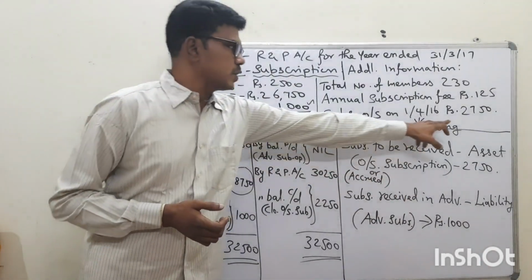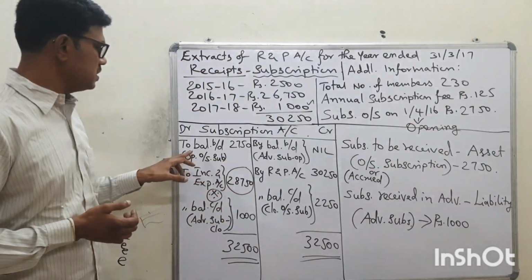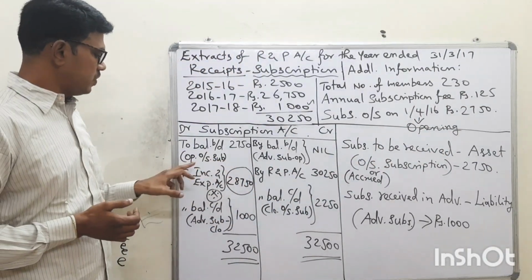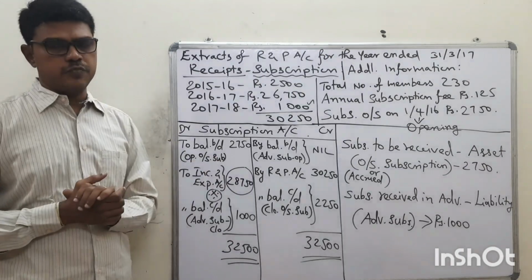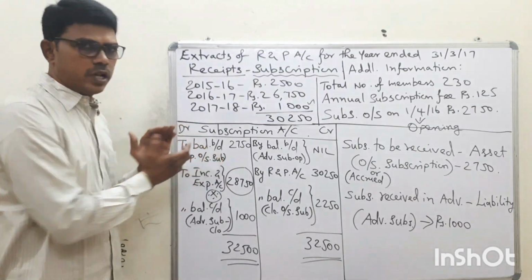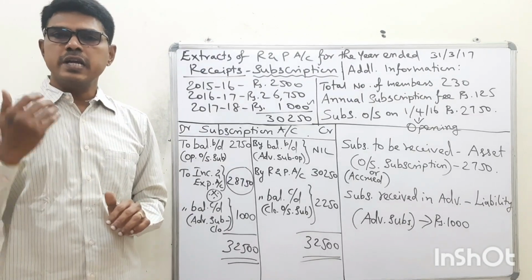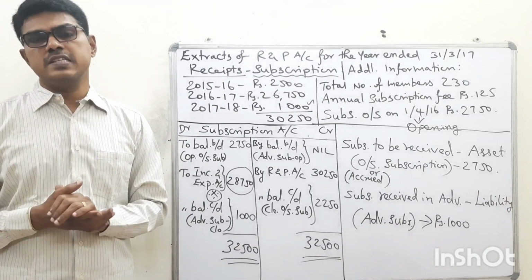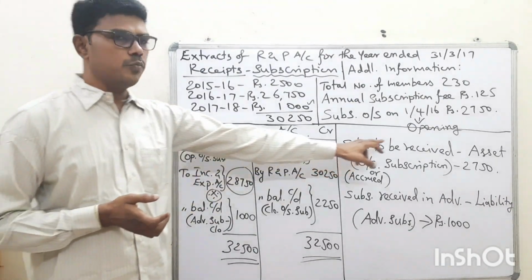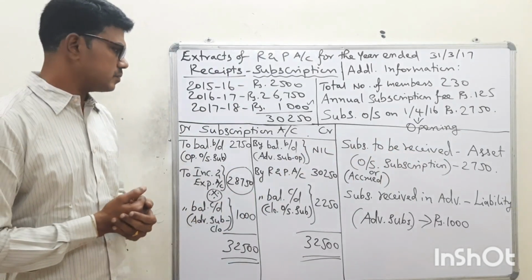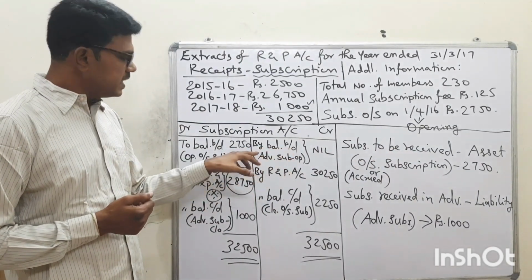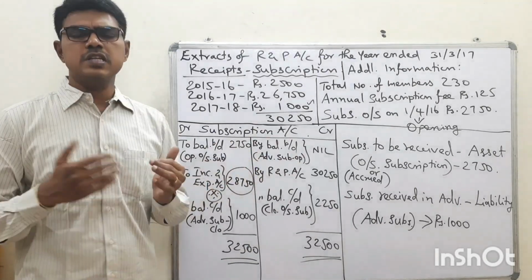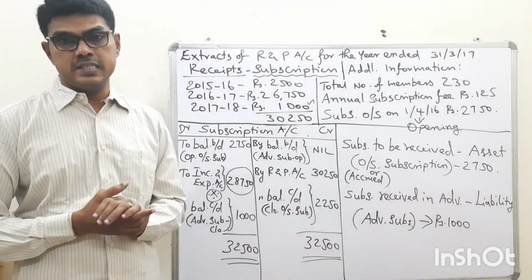Outstanding subscription, they have given in the problem, 2750. For our understanding, we have written opening outstanding subscription, and we have debited it here by this rule. Outstanding subscription in the beginning of the year is an asset. Like that, here, by balance brought down. If there is any advance subscription in the opening, it must be treated as a liability.